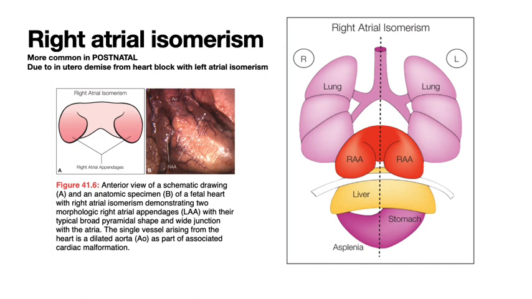So it turns out that left atrial isomerism is worse for the fetus because they frequently have heart block. The reason they have heart block is the conduction system was over in the right atrium, and if they don't have a right atrium, they may have heart block, and then those babies can die from bradycardia with high drops. So if a lot of the left atrial isomerism babies die in utero, you're going to have more right atrial isomerism newborns.